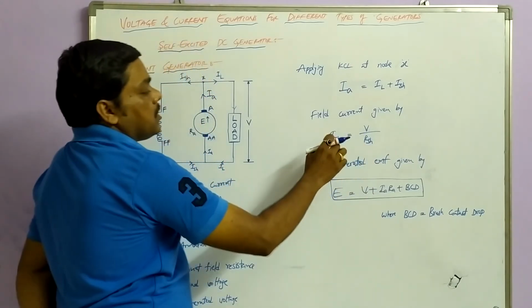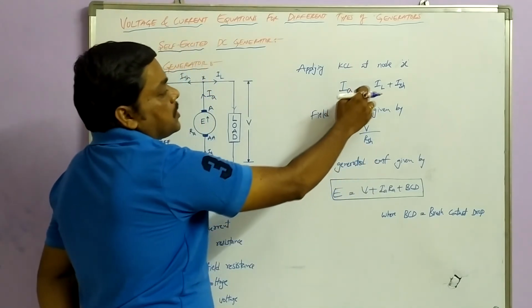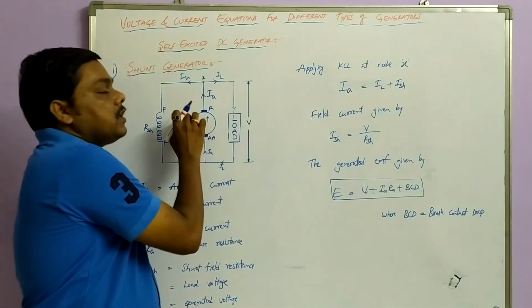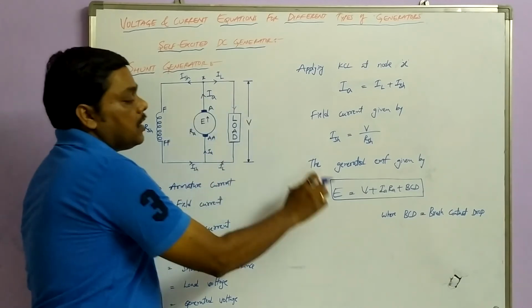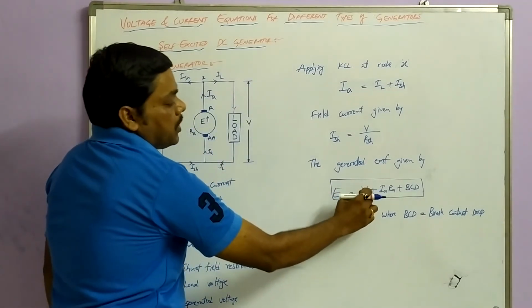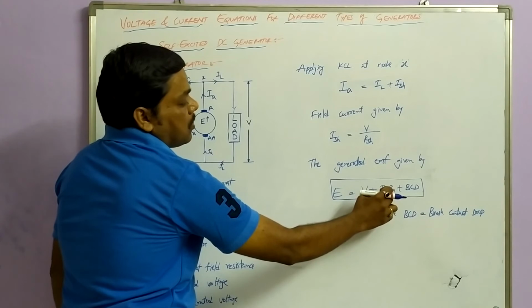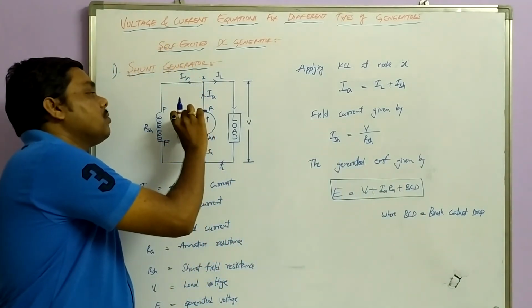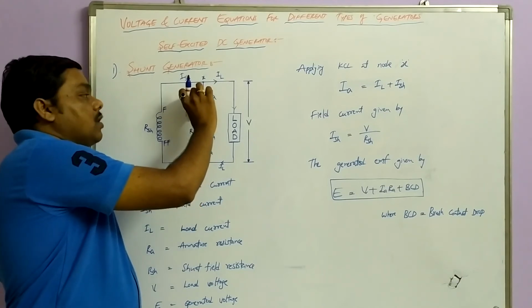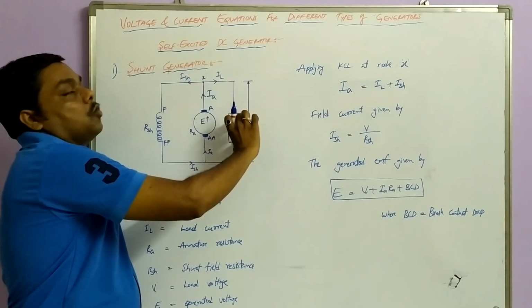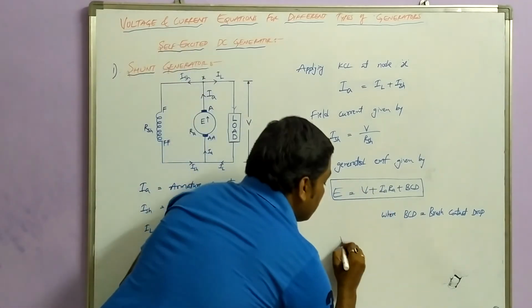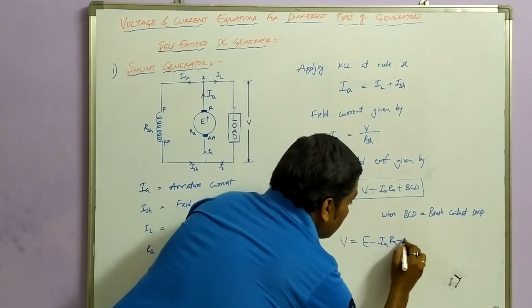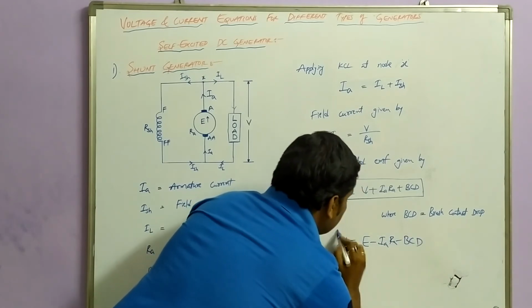Now we have calculated the shunt field current and the armature current, and we know the load current. The generated EMF in the armature is equal to the load voltage plus the armature drop plus the brush contact drop. So this EMF minus the armature drop and brush drop gives the load voltage. You can also write the V formula: V equal to E minus IARA minus BCD.